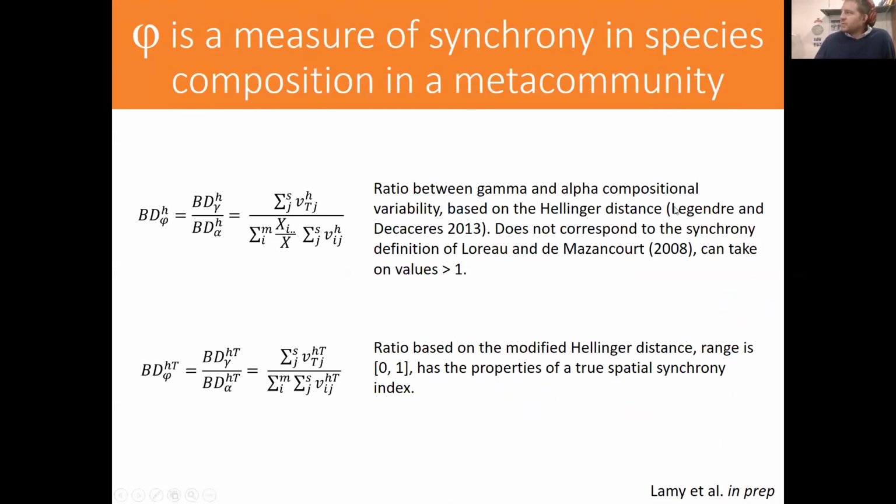That's following the Legendre and de Cáceres method. And so essentially we can get local variability and gamma scale variability by using these distance metrics. So you can think of it as temporal beta diversity at the regional scale and temporal beta diversity at the local scale. And by dividing those two metrics, we get our beta diversity scaling factor.